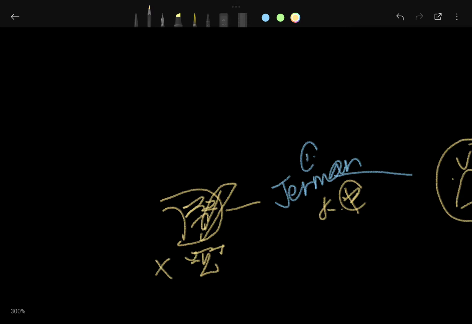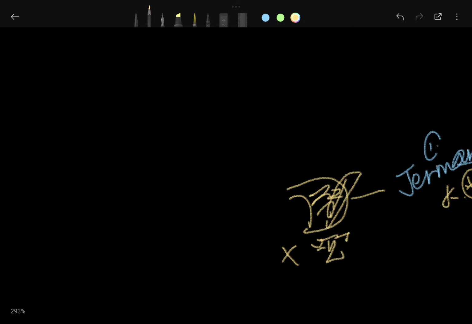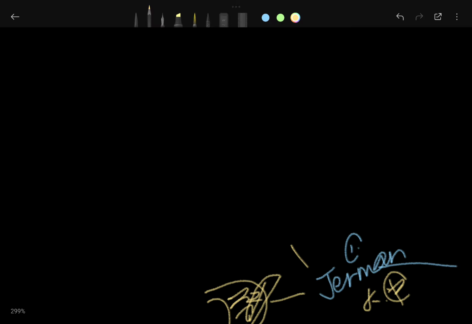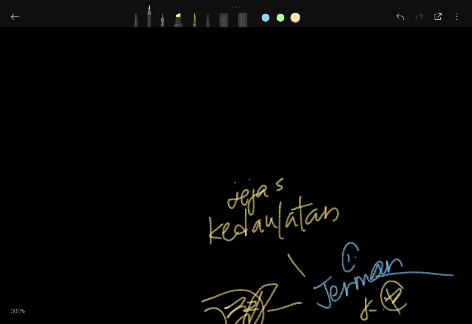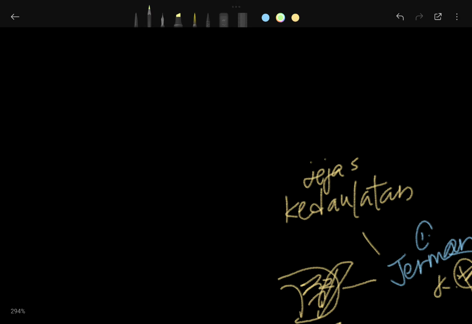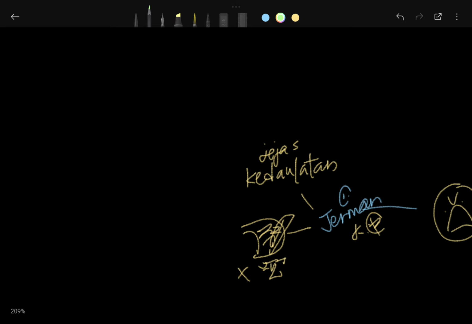So tidak adil dan menjejaskan kedaulatan negaranya, and menjejaskan means they ruined the kedaulatan, the kuasa tertinggi of their country. So this is your keyword: jejas kedaulatan negaranya. Thus, Jerman telah mengalami beberapa syarat in your perjanjian Versailles.